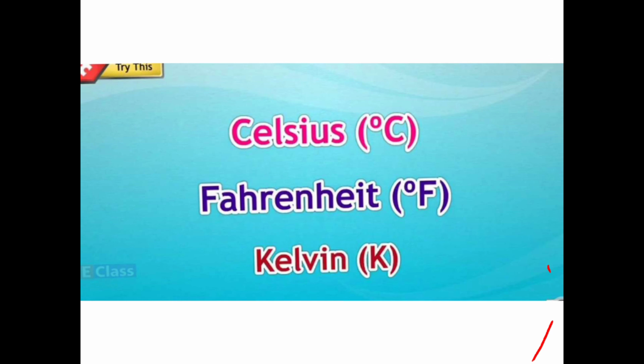Or we can say that my body temperature is 98.5 degrees Fahrenheit. If I'm having fever, then 99, 100, मेरे को 100 बुखार था ऐसे हम लोग बोलते हैं, so that 99, 100 is nothing but in Fahrenheit.